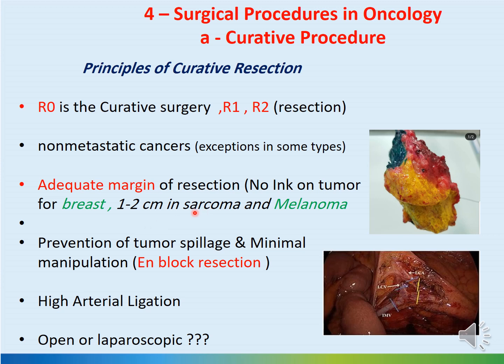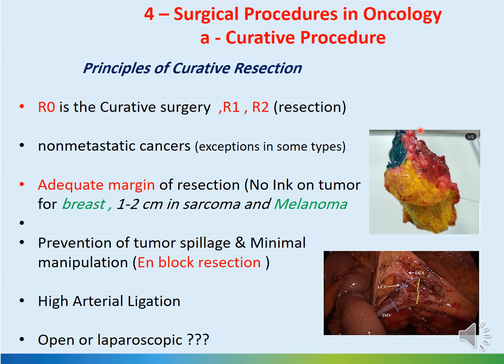For example, in breast cancer, nowadays the accepted margin is just to remove the cancer with a simple one layer of the healthy tissue around. And this we call no ink on tumor. What is the meaning of no ink on tumor?